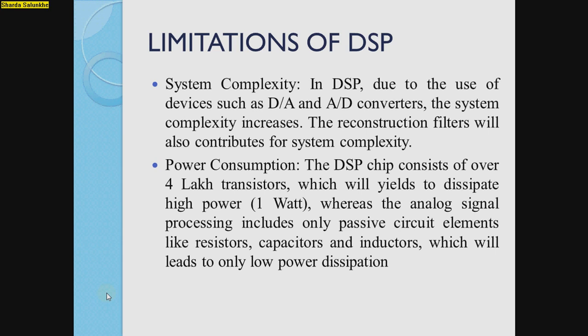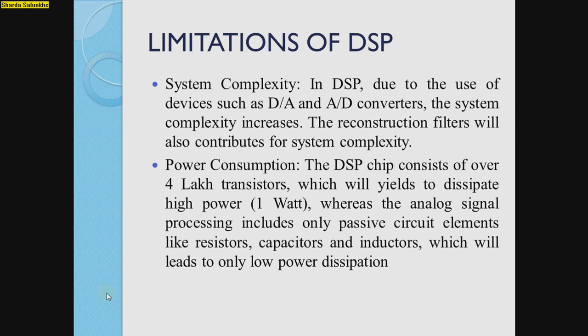Because there must be a design of the signal, step size, and quantization, the noise may increase. To minimize the noise, you again need extra circuitry like filter design. So the reconstruction filter also contributes to the system complexity. So this is one of the limitations of the DSP, that is the system complexity.